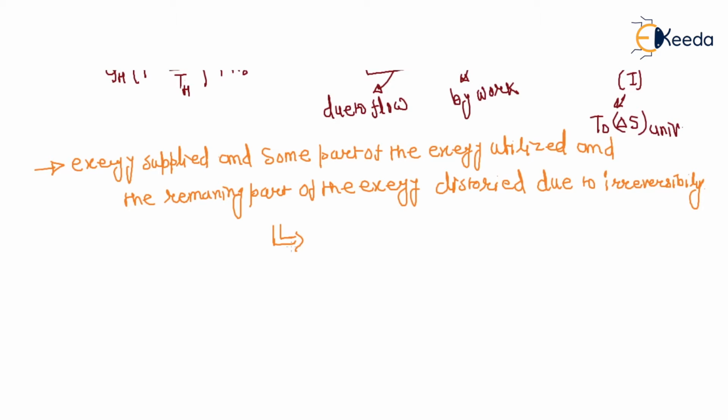For this reason we define the second law efficiency. What is that? Efficiency is output by input. What is output? Exergy utilized.